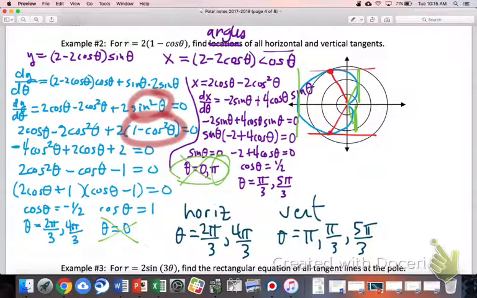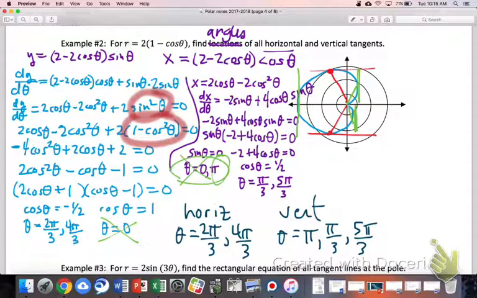Yes, sir. Because the tangent line at theta equals pi over 3 and 5 pi over 3 is pretty much the same line. It is the same line. Would you say that there's 4 tangent lines or 5 tangent lines? Well, you mean like on the whole graph? If we grouped vertical and horizontal into one big pile and said how many different lines are there? Right. So it depends on what you're being asked.